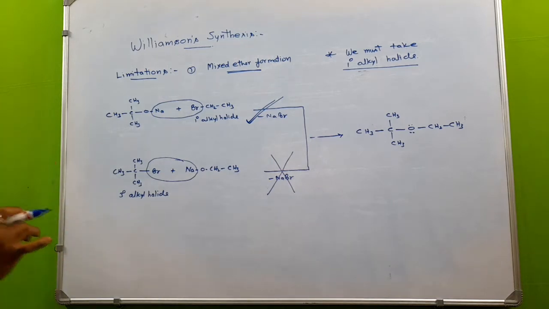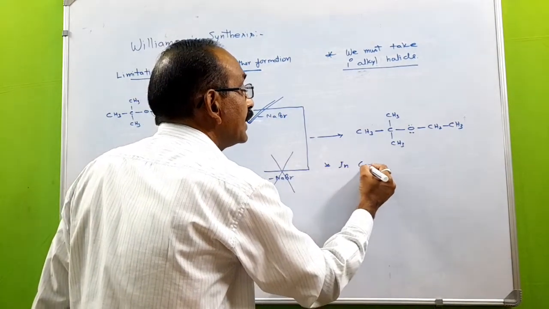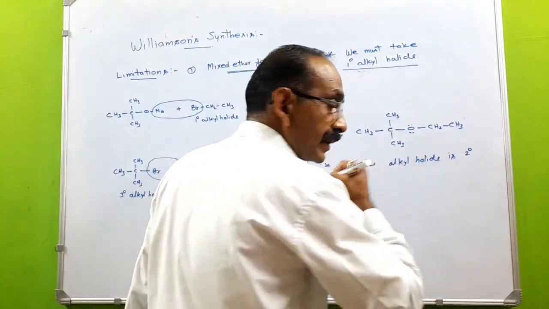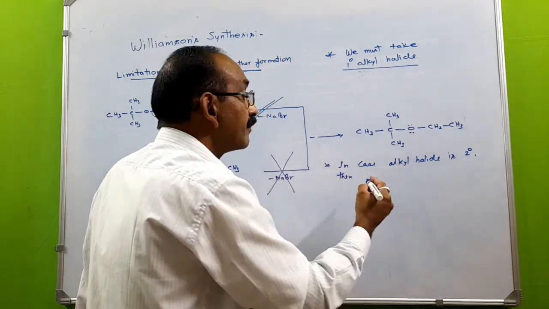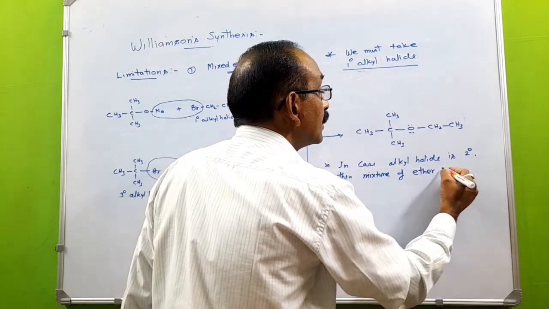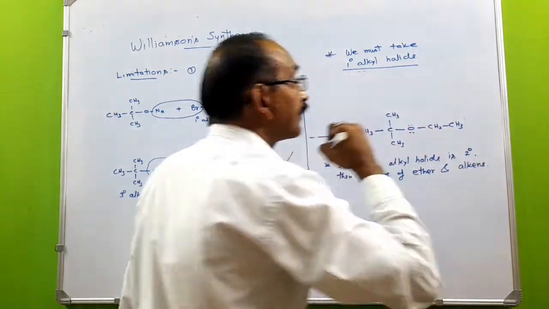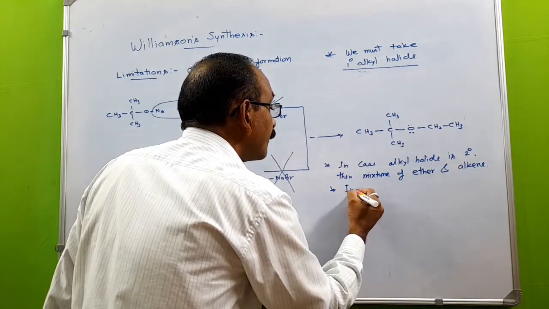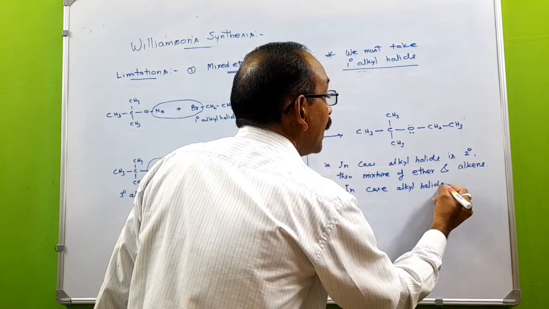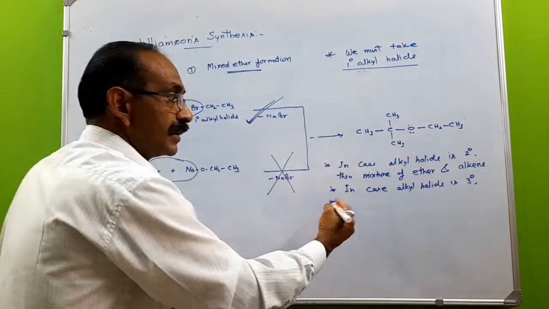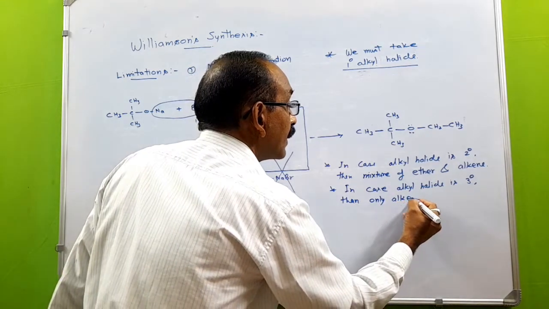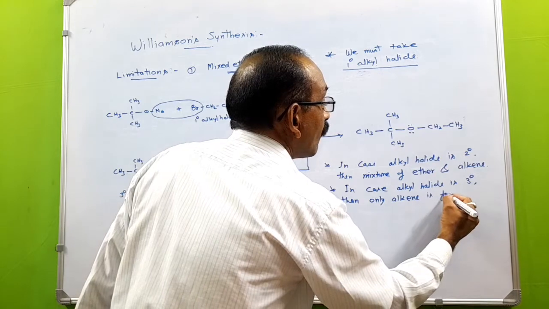Why so? Remember, in case the alkyl halide which is taken is secondary, then we obtain a mixture of ether and alkene, while if we are taking alkyl halide as tertiary, then in this situation only alkene is formed.